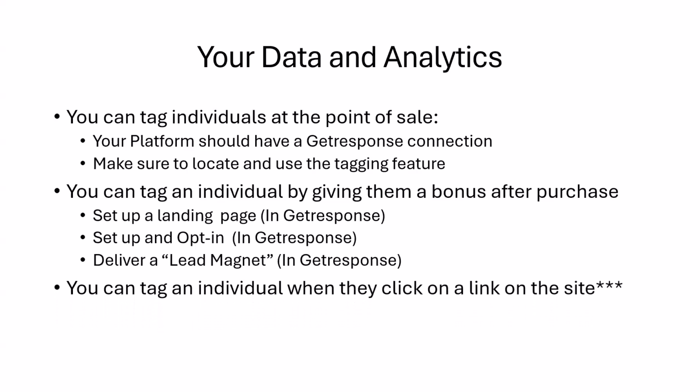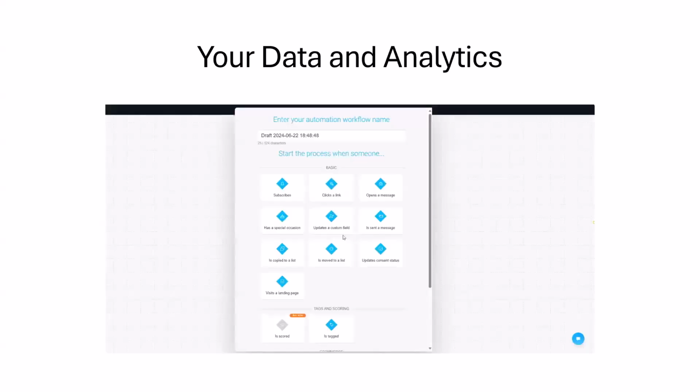Right now, you can also tag an individual when they click a link on a site that typically requires an upgraded account. I'll show you that here. You'll see that when an individual subscribes or clicks a link, these are the things that will set something in motion. All of these are things that can set off actions and get an individual into a specific action.